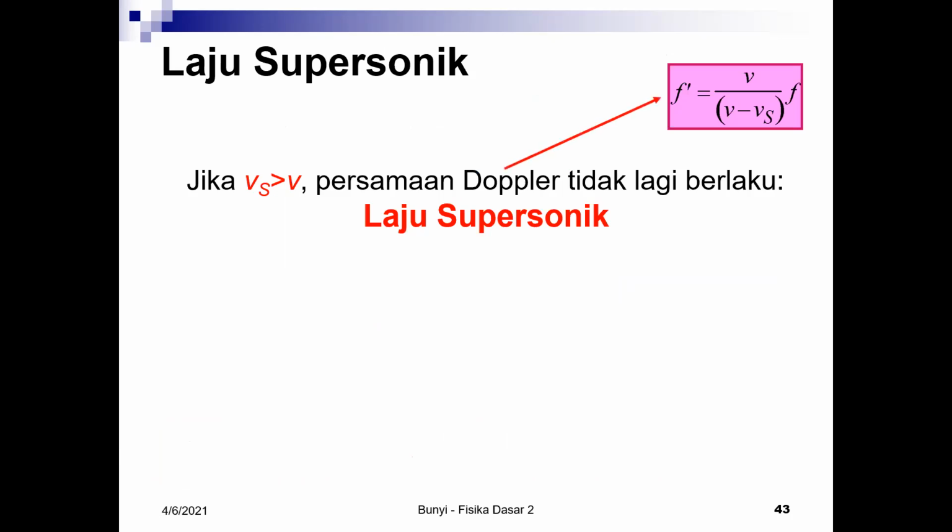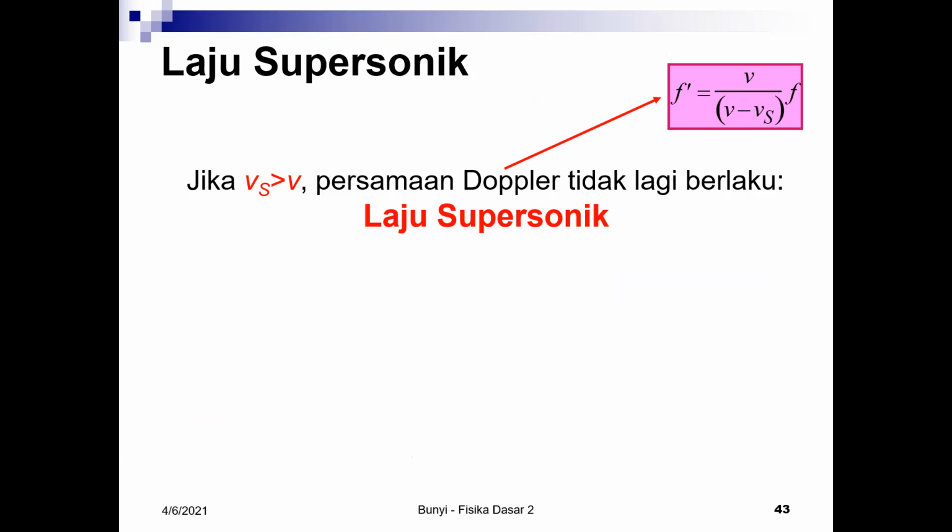Kemudian untuk laju supersonik, dari rumus ini, kalau Vs lebih besar dari v, di mana v adalah kelajuan suara di udara, maka f prime akan negatif. Jadi itu tidak fisis.